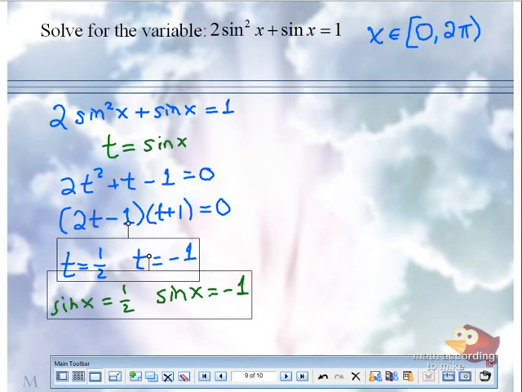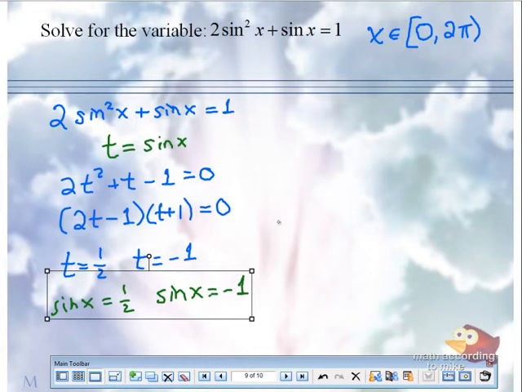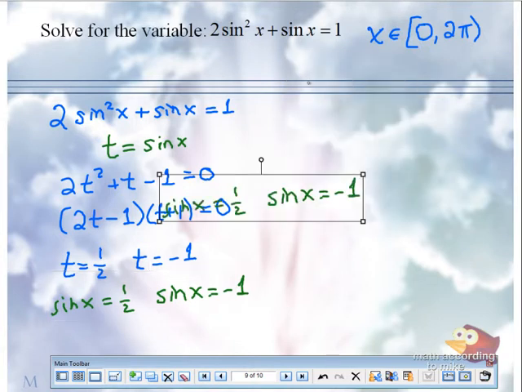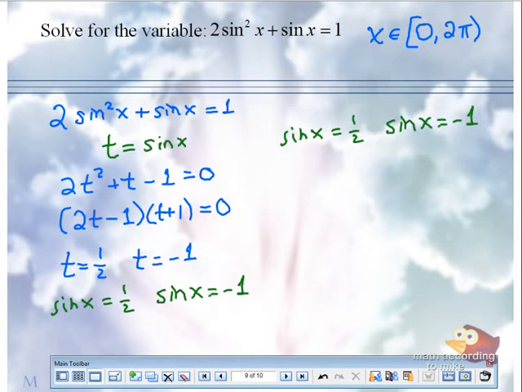So then the question becomes, for what values of x is the sine of x 1/2? And now when we get this answer, our answer is only between 0 and 2 pi. So for what values of x between 0 and 2 pi is the sine of x 1/2? You would say x is 30 degrees, or pi over 6. And you could also say that x is 150 degrees.